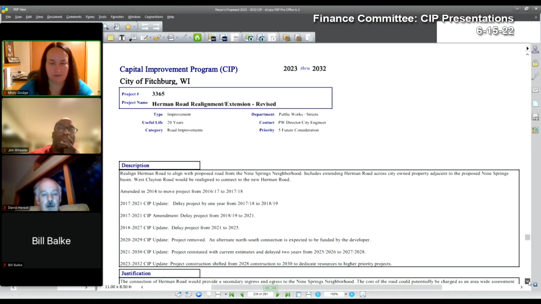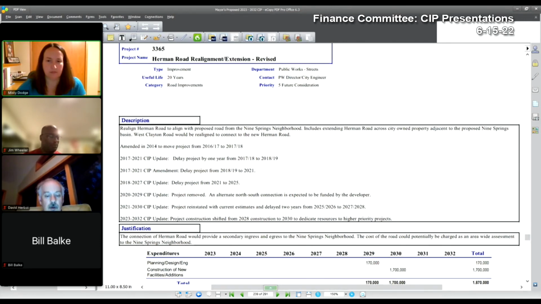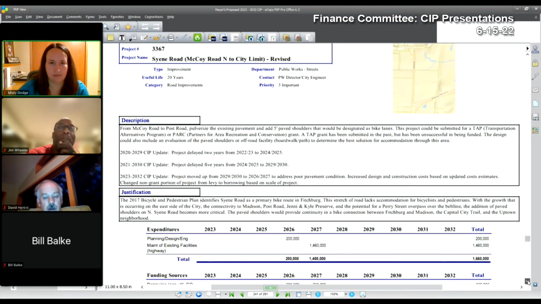3365, the Herman Road realignment and or extension. That project has been moved from 2028 to 2030 to dedicate resources to higher priority projects. 3367, Sain Road, McCoy Road to the North City limits. This would reconstruct Sain Road between Fitchburg and Madison.